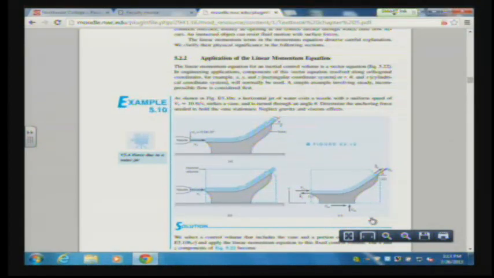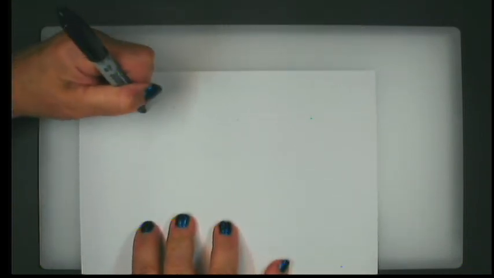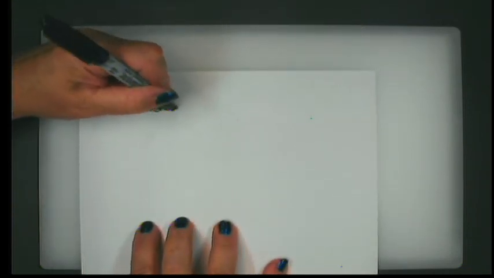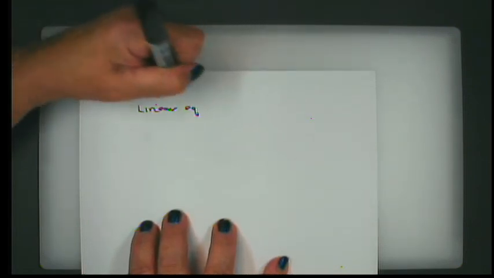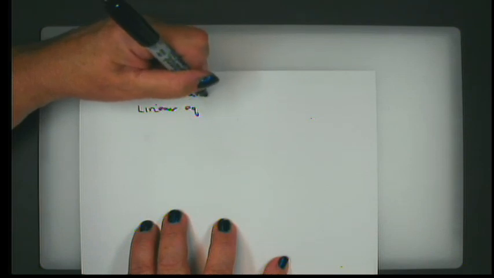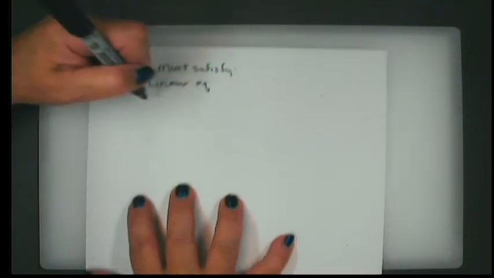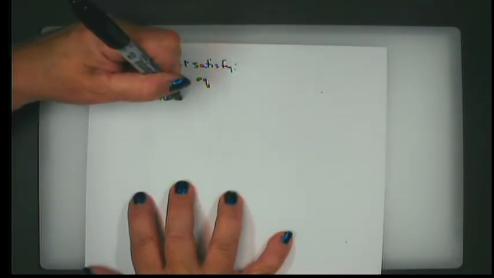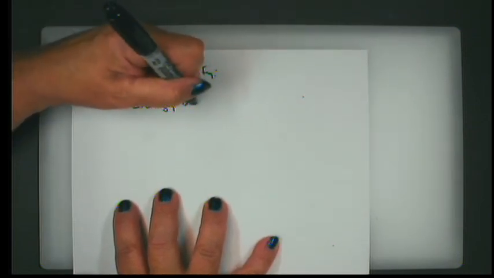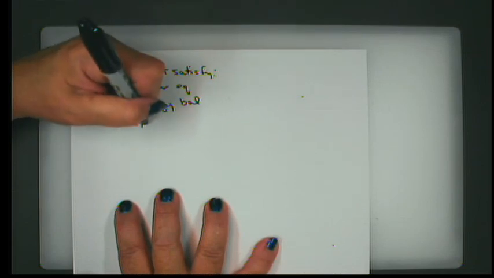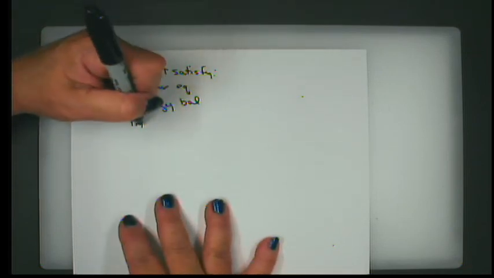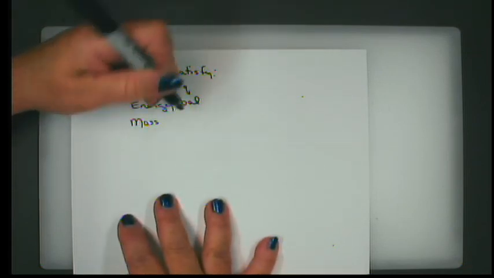Now, there are a few other things that we need to think about when we talk about linear momentum. The linear momentum equation must be satisfied. But also an energy balance has to be satisfied. And also the material balance, or the mass, must be conserved.